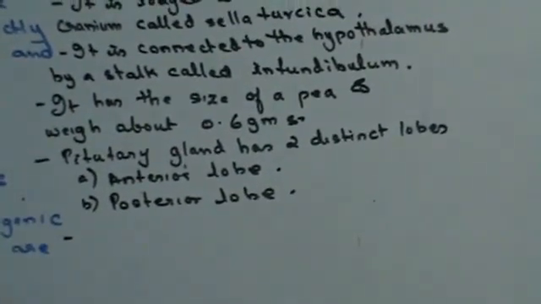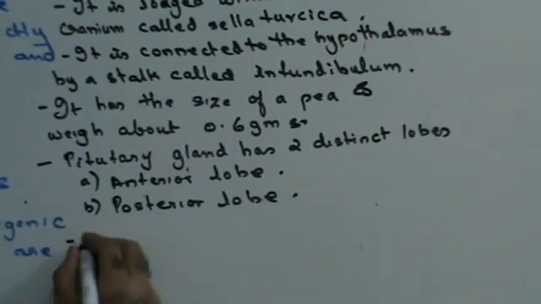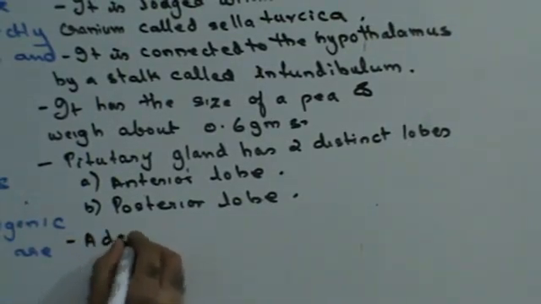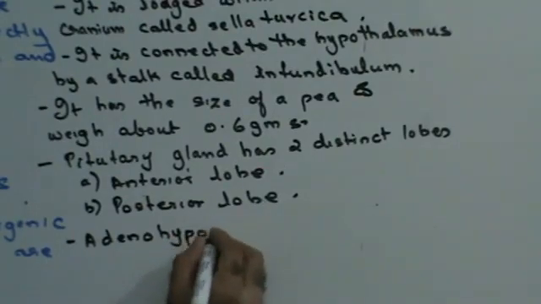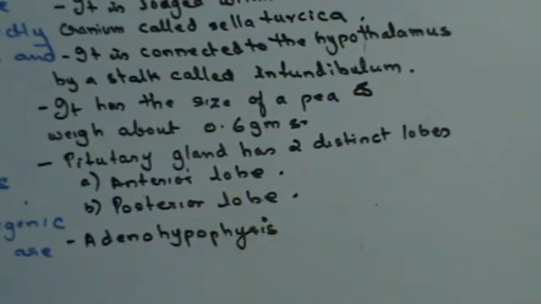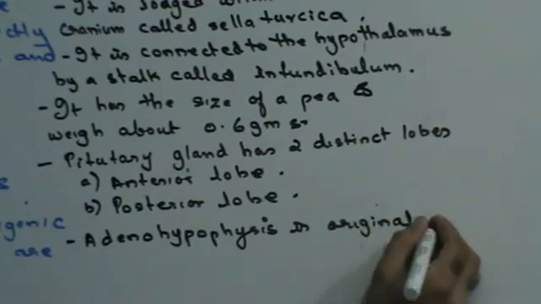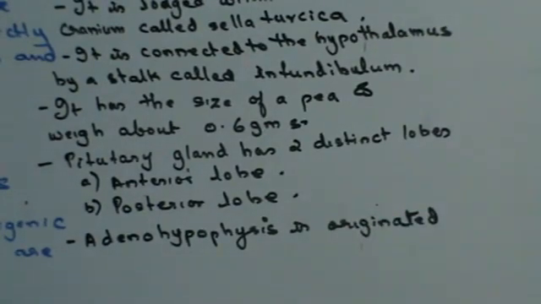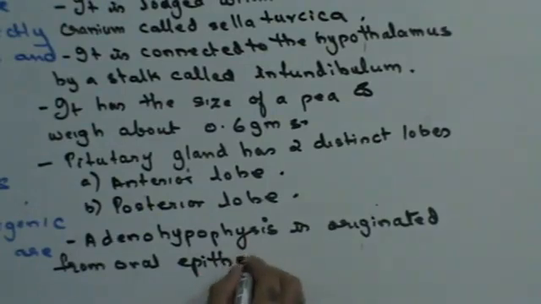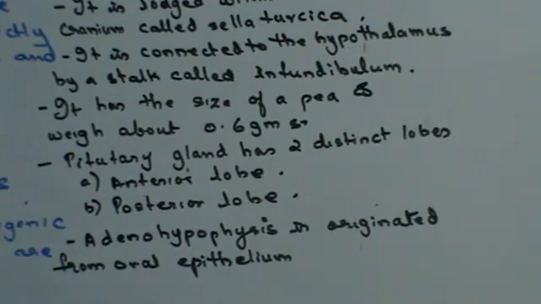Now, the anterior lobe or the adenohypophysis, that's my anterior lobe, is originated from oral epithelium, that's from where it is produced, that is your pharynx, and it is non-nervous in origin.